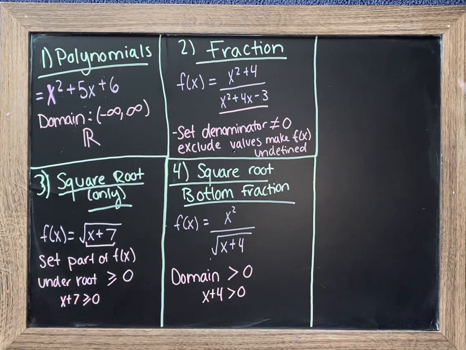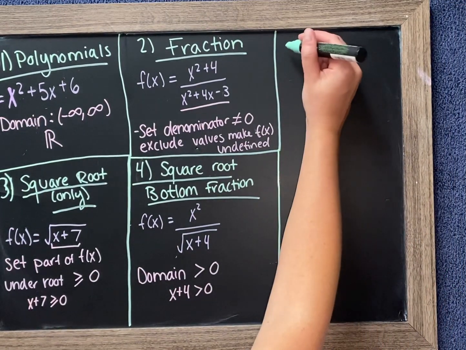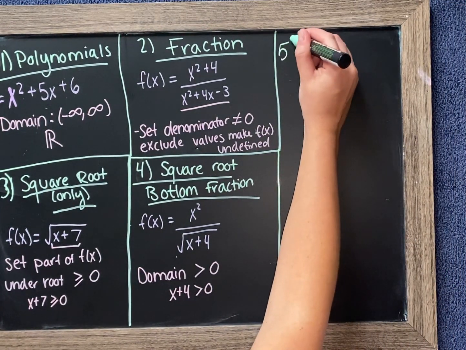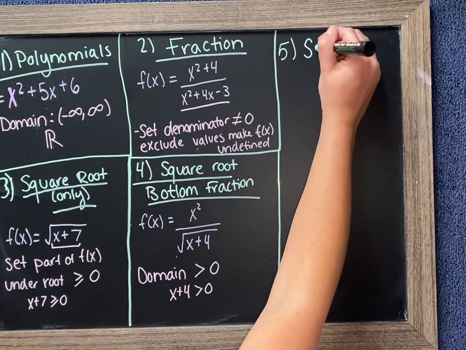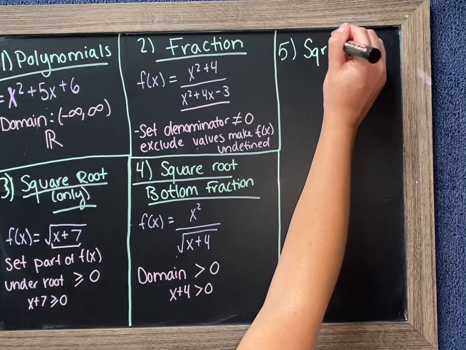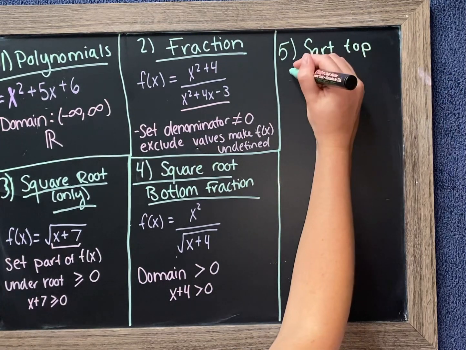And now finally, the last problem that I have a rule for with the domain is if you have a square root on top of a fraction.